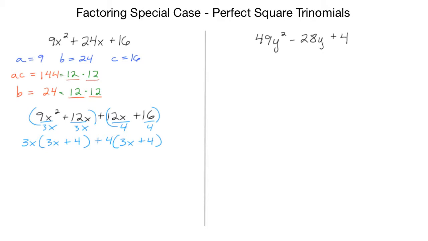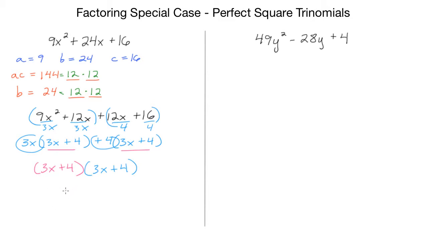Well, now this is interesting. We've got common binomials of 3x plus 4 that I can factor out. But look at what I still have after I factor them. I still have 3x plus 4. So I've factored my trinomial into two binomials multiplied, but they're actually the same binomial.